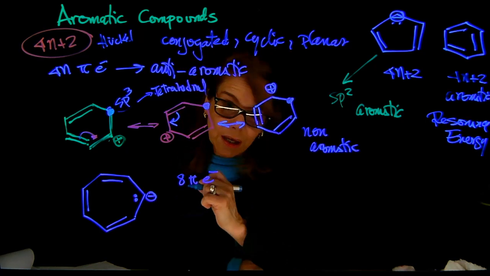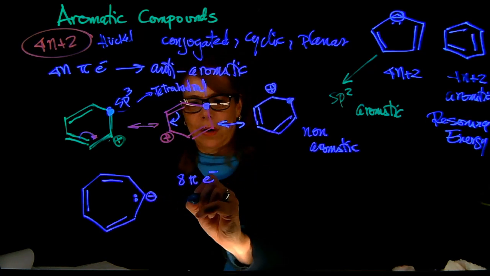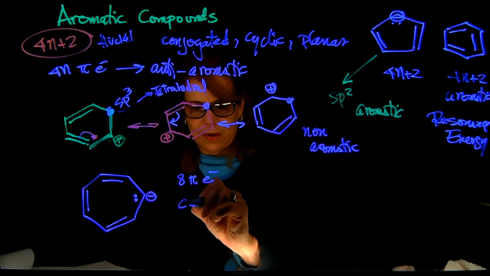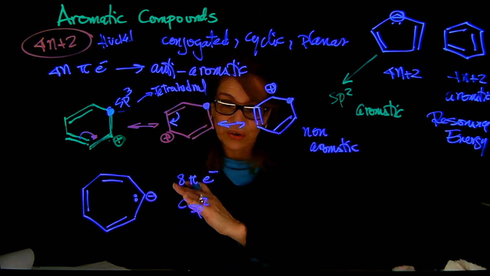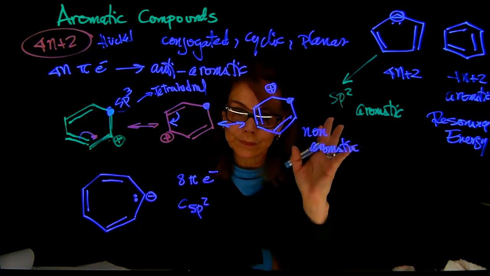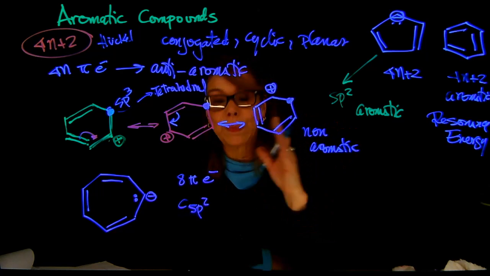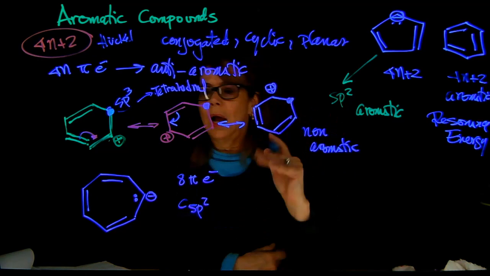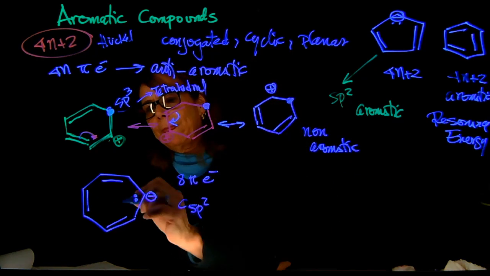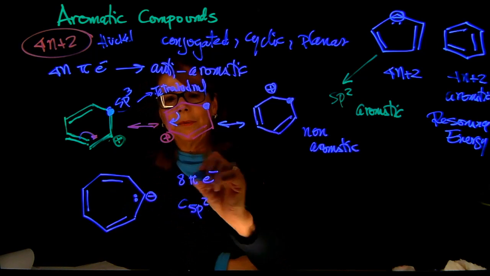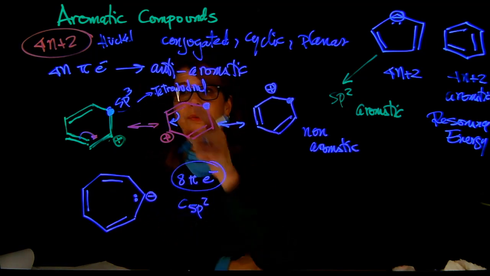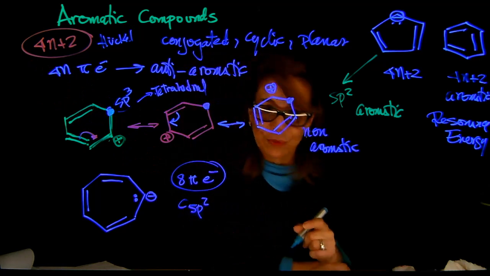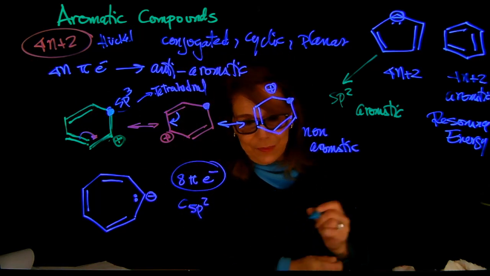The system is conjugated. All of the carbons are sp2 hybridized, so we have a continuous system of p orbitals that are parallel. But notice that we have 8 pi electrons. So that compound, having 8 pi electrons, does not comply with Huckel's rule, so that will be anti-aromatic.